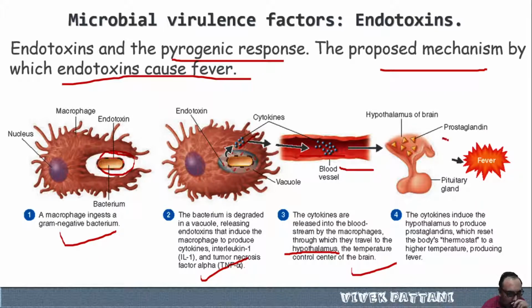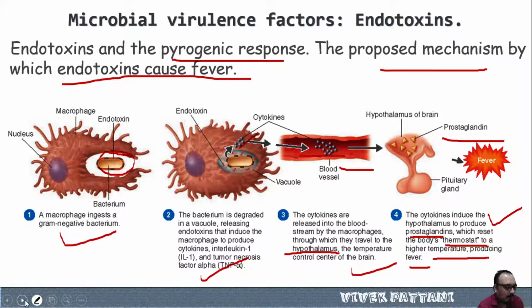The cytokines induce the hypothalamus to produce prostaglandins, which reset the body's thermostat to a higher temperature, producing the fever. This is how the endotoxin mechanism works.